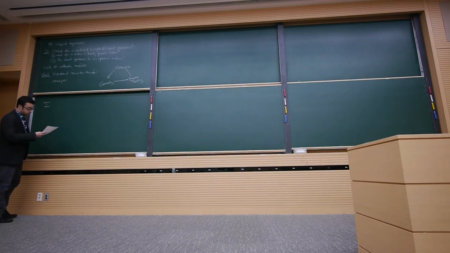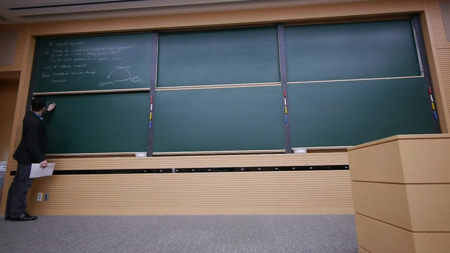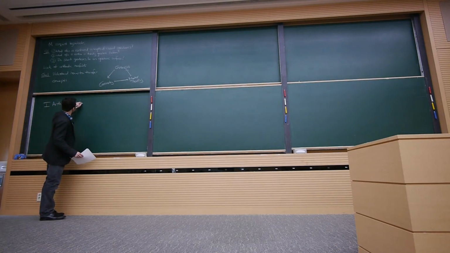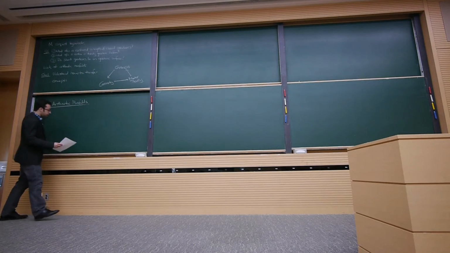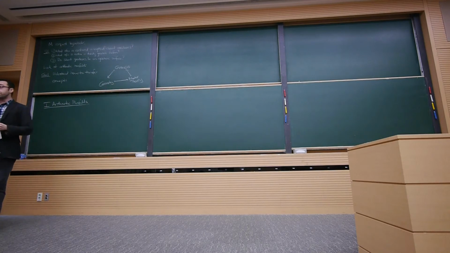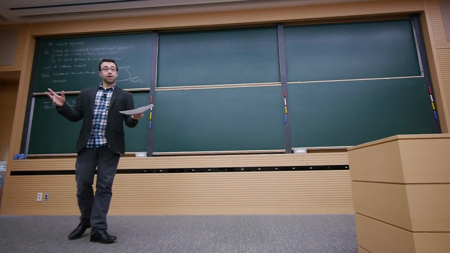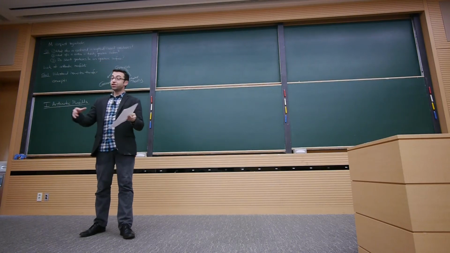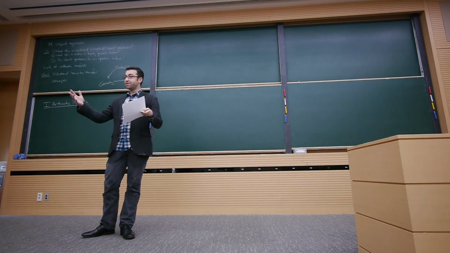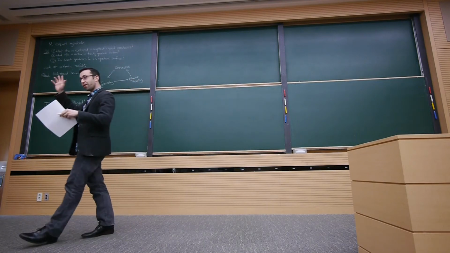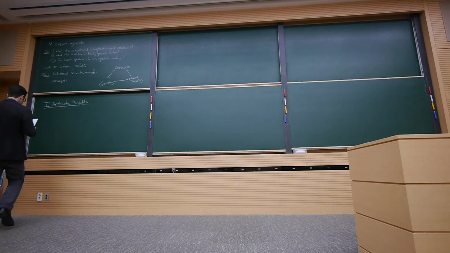Let's talk about arithmetic. So I'm going to talk in the context of three manifolds. However, most of what I'll be talking about will generalize in the appropriate way to higher dimensional things. So, hyperbolic manifolds. Okay.